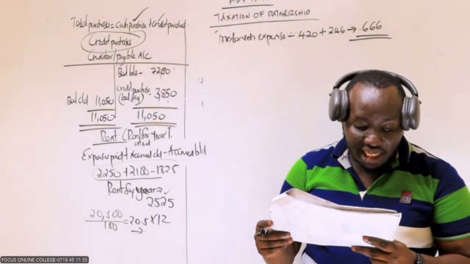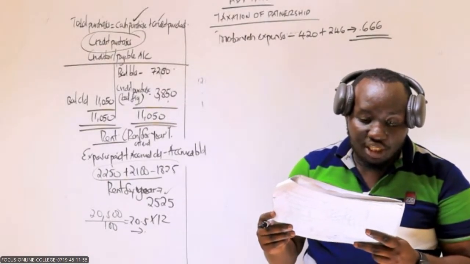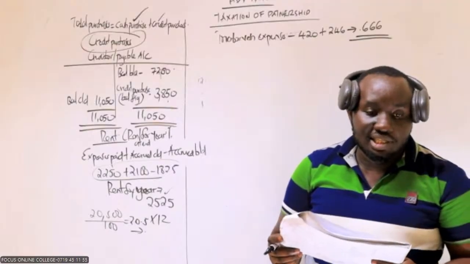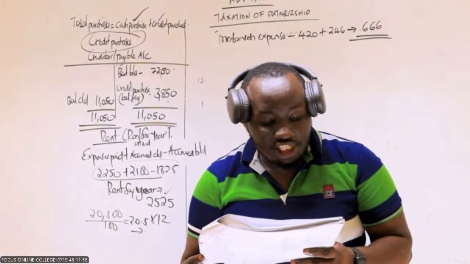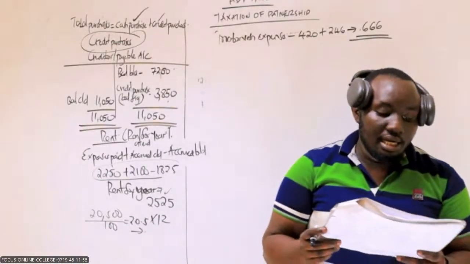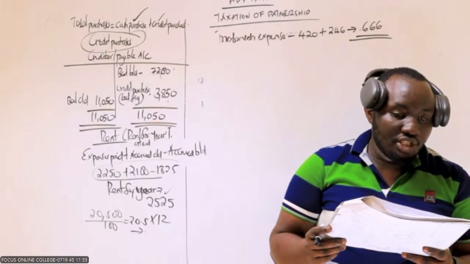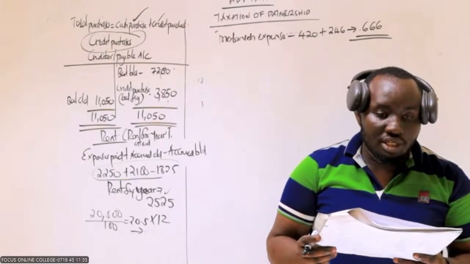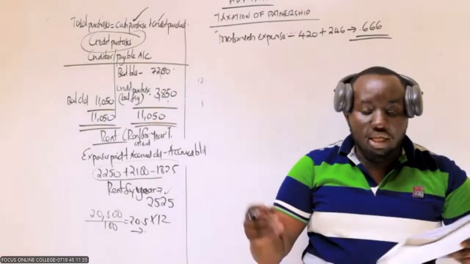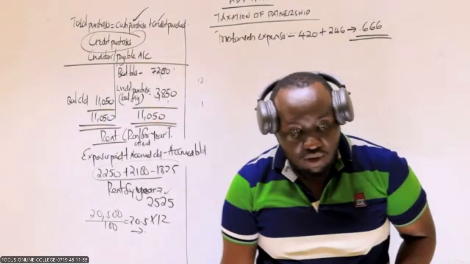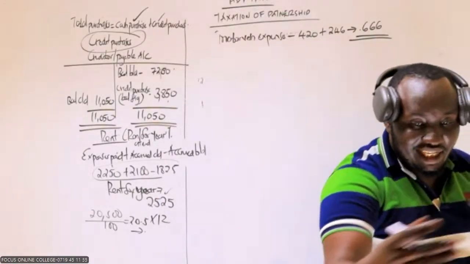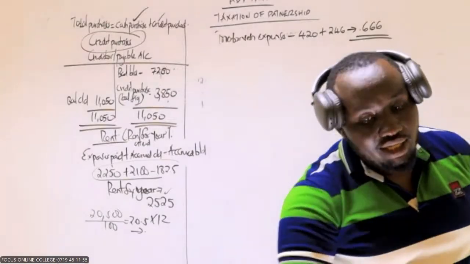Yes, then we have the next, what we call general expenses. General expenses, is that allowable expense? Give me allowable, non-allowable. Did we discuss these things? Yes, we did. That was the basics in taxation.